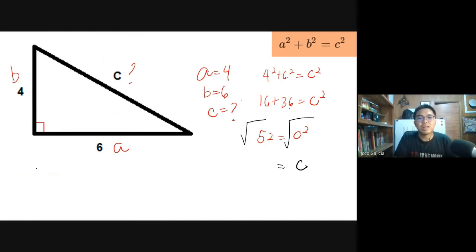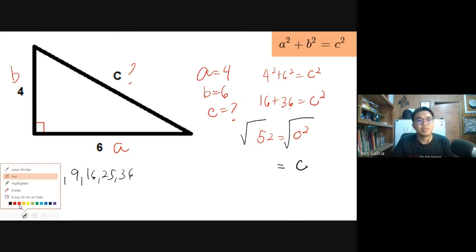Okay? Ang listahan ng perfect square natin, 1, 4, 9, 16, 25, 36. Stop na tayo kay 36 dahil lagpas kalahati na ito ng 52. Now, alin kaya dito sa mga perfect square na ito ang divisible ng 52? Si 16 ba divisible? 16, 32, 48?